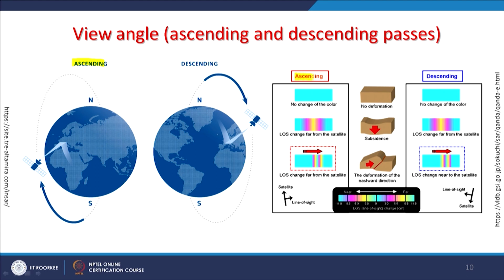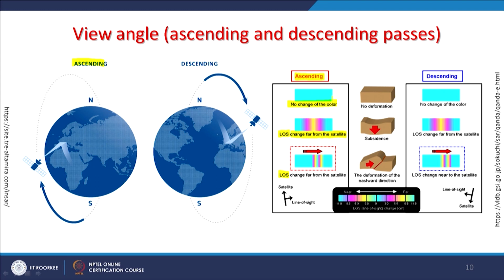When we have the ascending overpasses, what we are seeing here, LOS stands for line of sight, the direction in which the satellite is looking towards the earth. I am talking about the fringe map, or interferogram, which will be generated after processing.